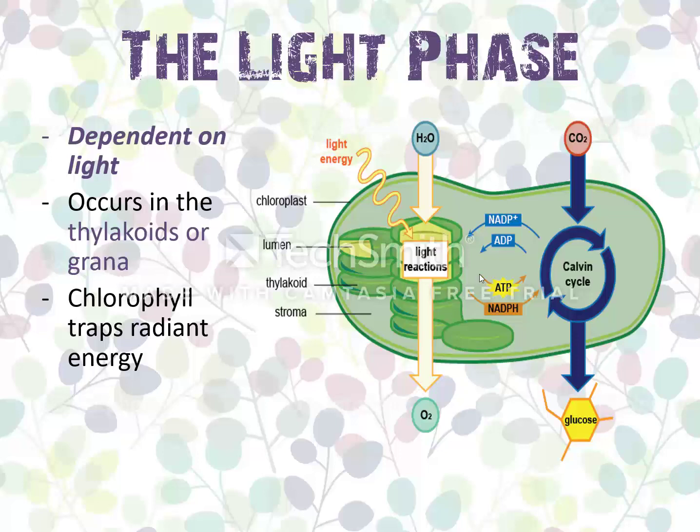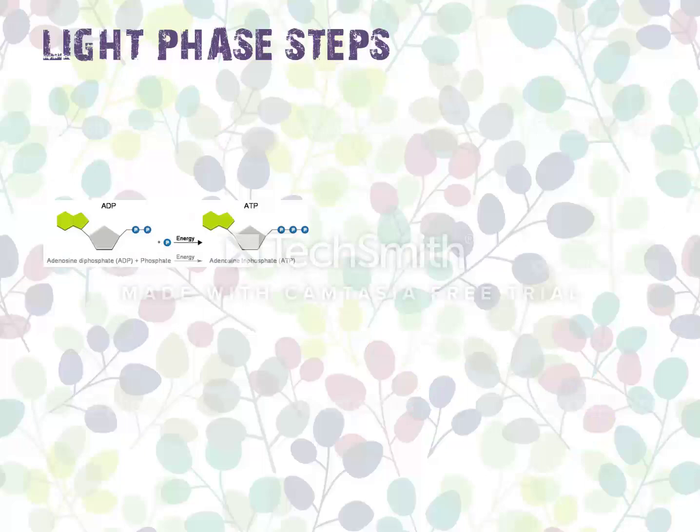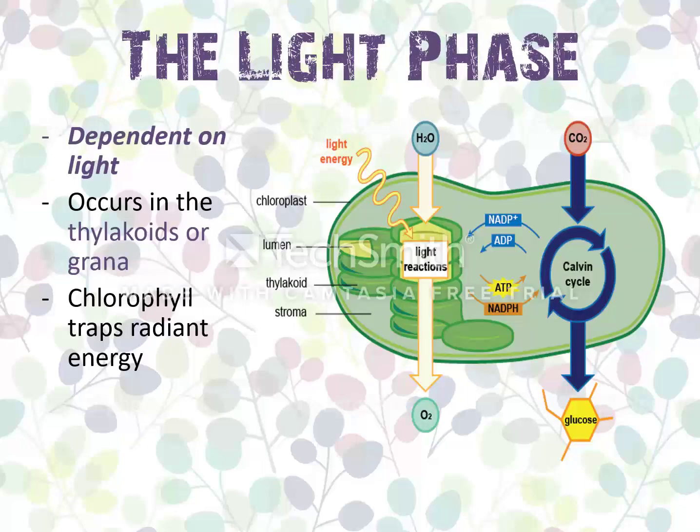If you are going to write an essay or a longer question, it's important to state whether it's dependent on light or not, and it's important to know where it is occurring. So the first thing that happens in the light phase is that the radiant energy that is needed, remember it's a requirement for the light phase, is going to be trapped by the chlorophyll.